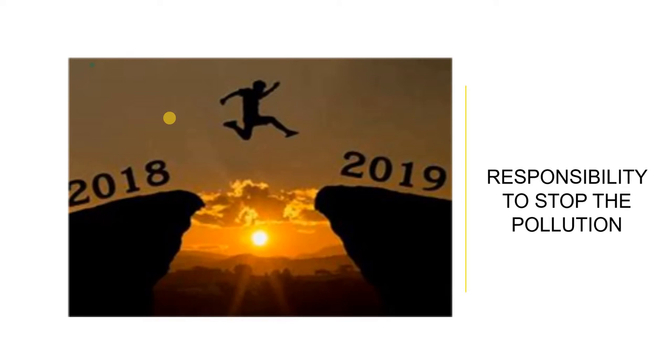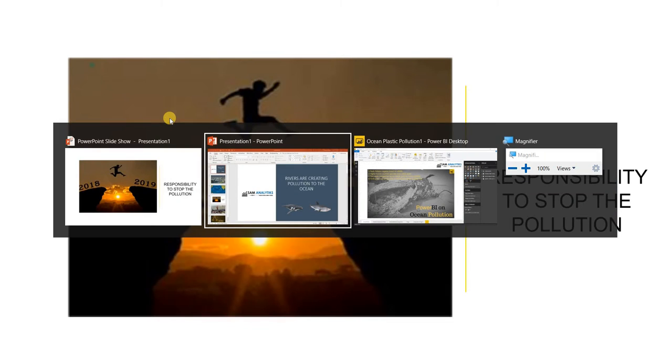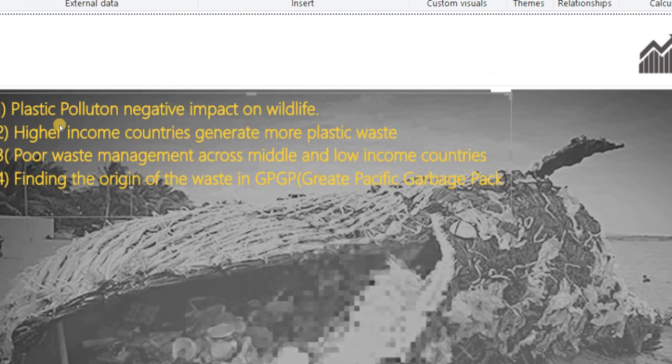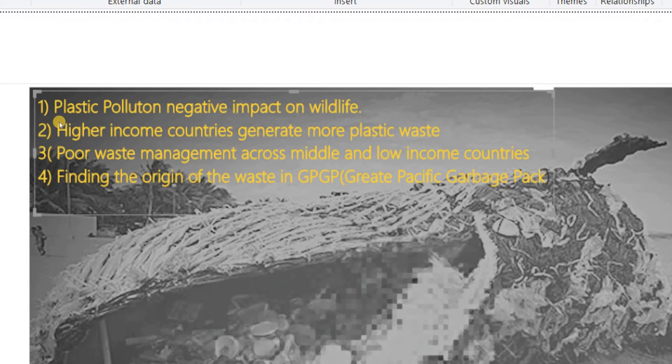So, as we leap from 2018 to 2019, it is our responsibility to stop the pollution. But how? Well, I have a solution, which we can use through Power BI. In Power BI, I have made a couple of videos on this YouTube channel, where I worked on the plastic pollution's negative impacts on wildlife, but I never worked on the higher income countries and the origin of the plastic, basically through the rivers and the different garbage patches, using the higher generation of income from the countries.